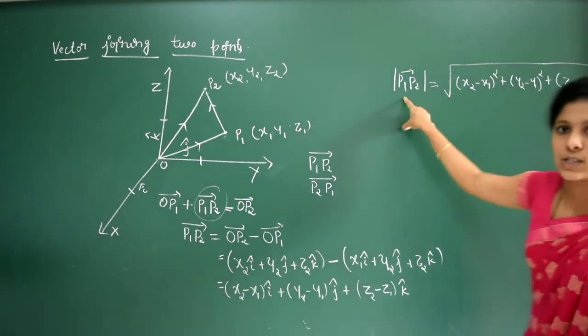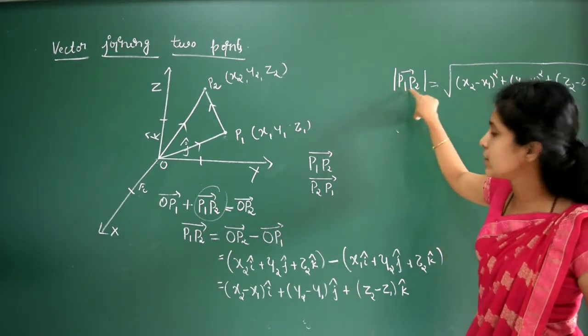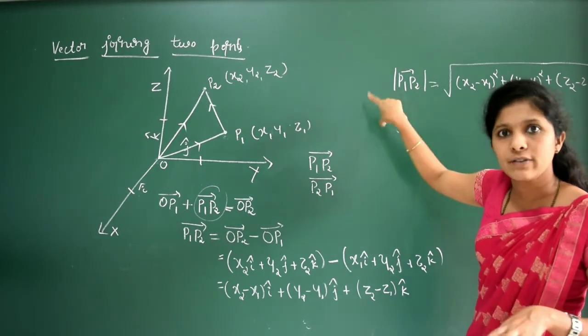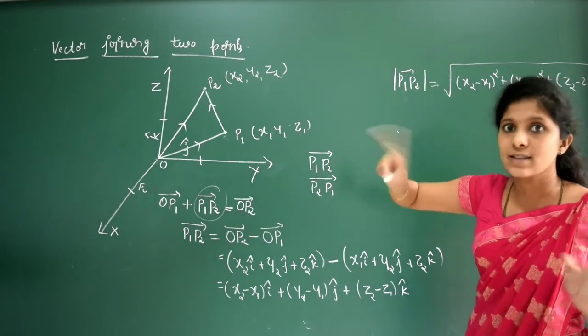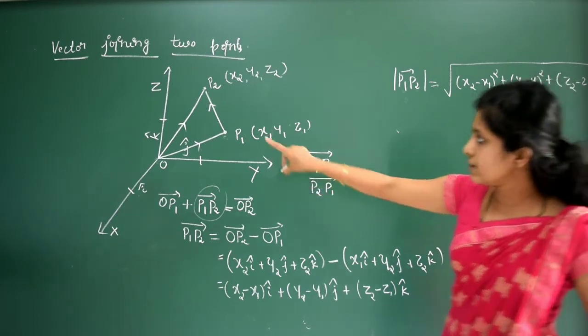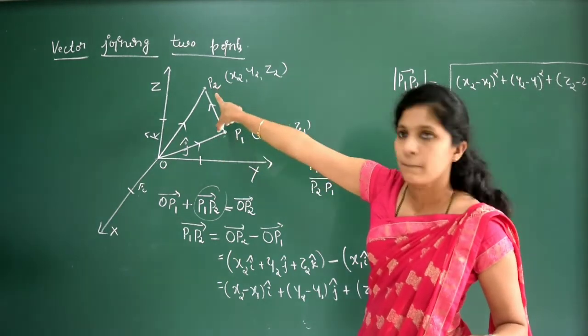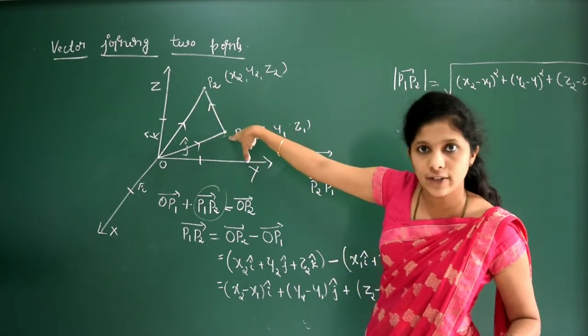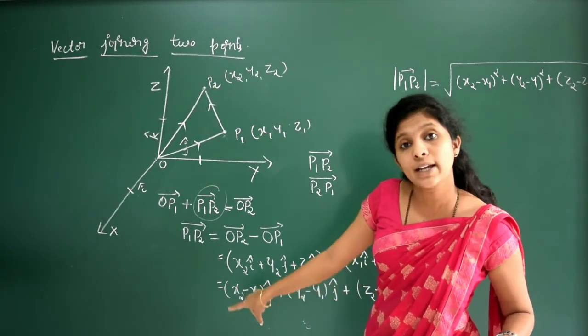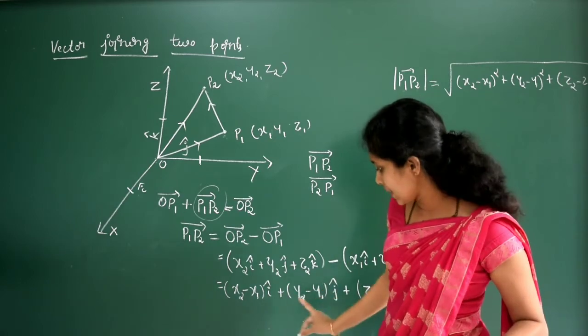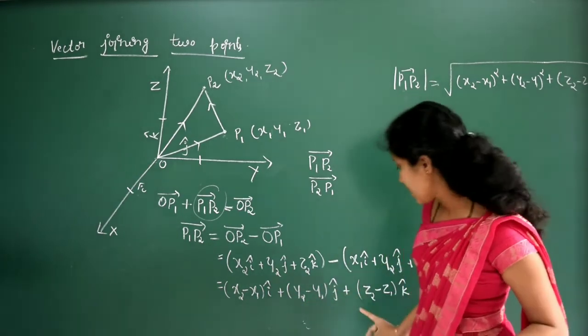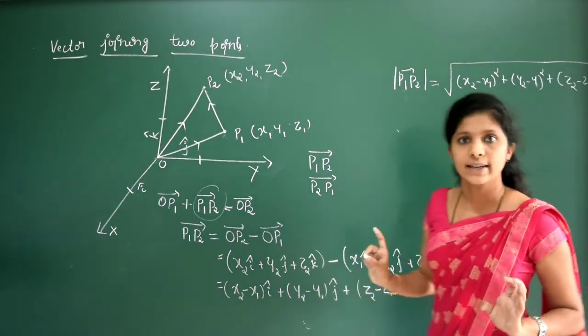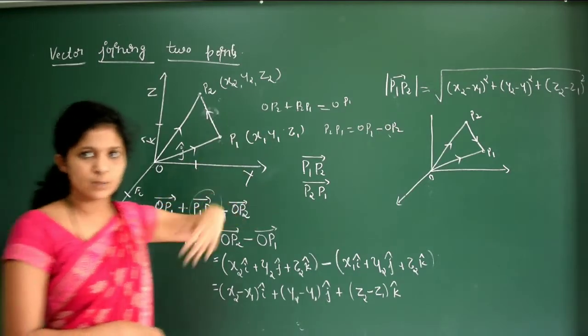Now here you can see this one. The magnitude of the P1P2 vector and the P2P1 vector will both be the same, but the vectors are different. Is it clear? See the difference between the P1P2 vector and, if you want to find the P2P1 vector, go like this: you will get x1 minus x2 i cap plus y1 minus y2 j cap plus z1 minus z2 k cap. While solving problems you will understand this.